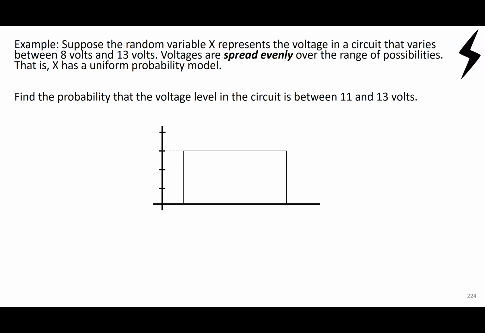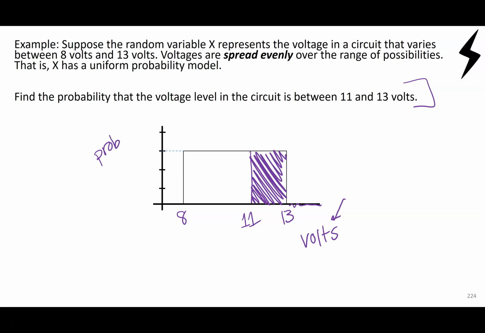So still, same problem here, between 8 and 13 volts. And it is important that I label volts. It's less important that I write probability here, but it's still there. So, same problem, but now I want to find the probability the voltage is between 11 and 13 volts. So, that it's at least 11, right? We know it's 0 out here, so something like this.